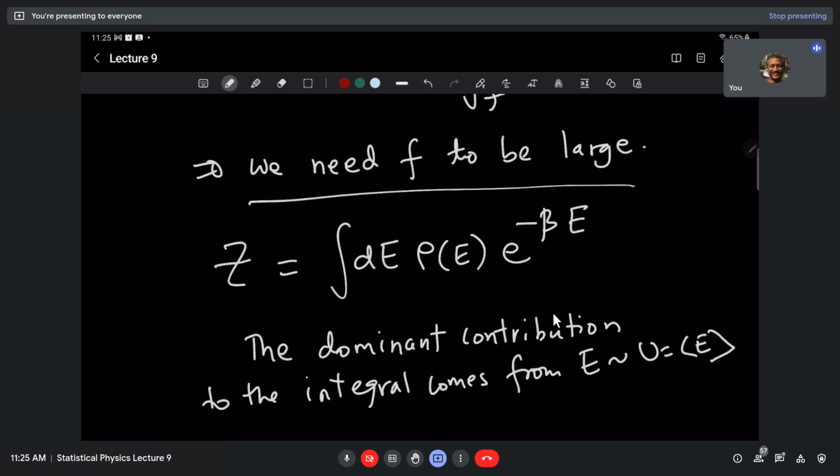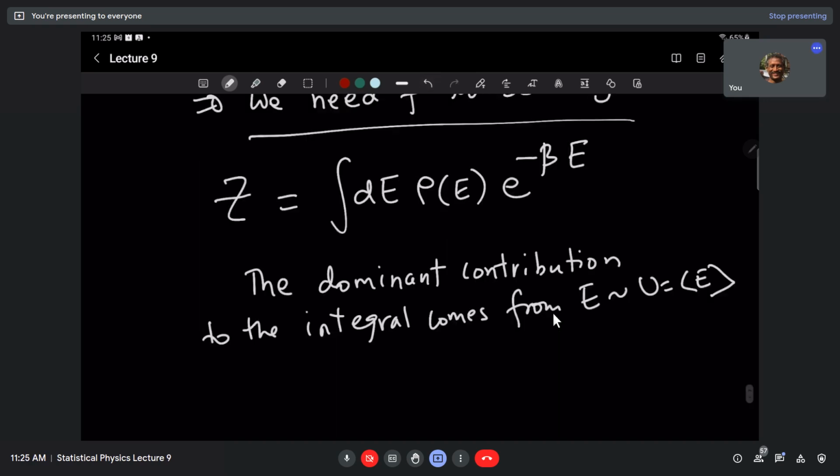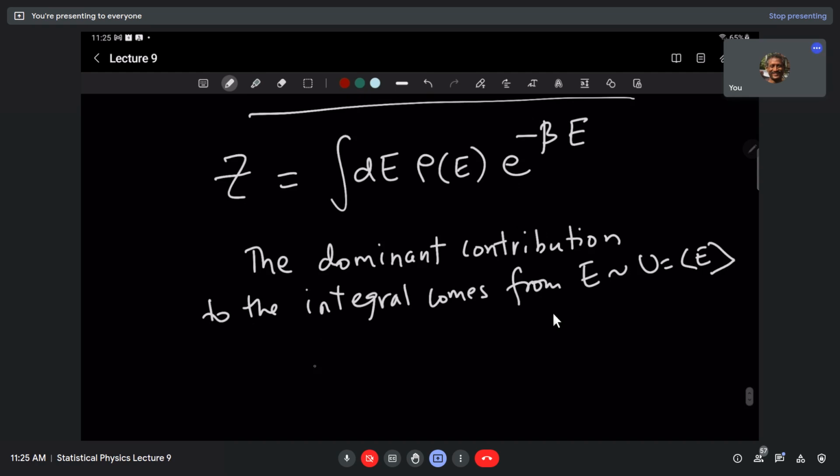So we can rewrite this approximately, it's not exact. This will be some small width around U, times rho of U, e power minus beta U. Is this clear? This is an approximation which we are doing.